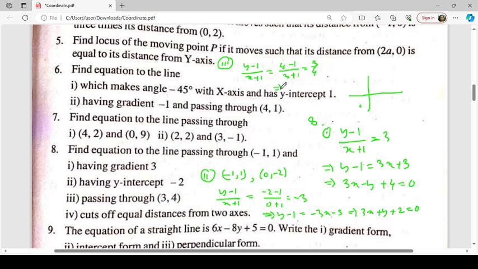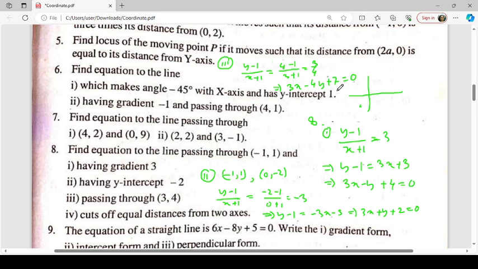So after simplification what we have is 3x minus 4y plus 7 equal to 0. So this is 3x minus 4y plus 7 equal to 0.